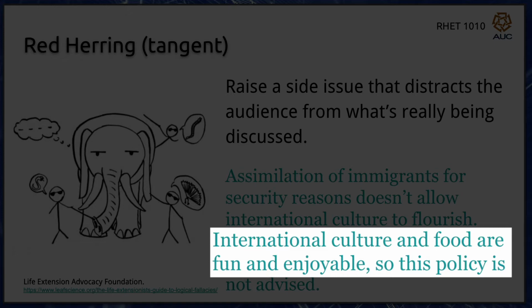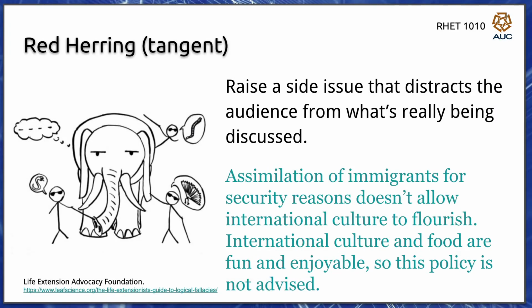It doesn't really make a difference to the balance of our logical discussion about security versus culture, and that's what we call a red herring. What the reader or listener will do is they'll find themselves agreeing with the fact that food and culture are fun and enjoyable. Therefore, they agree with the point being made, but they don't really think through the logic of it. Be careful with this one. Avoid tangents and red herrings.